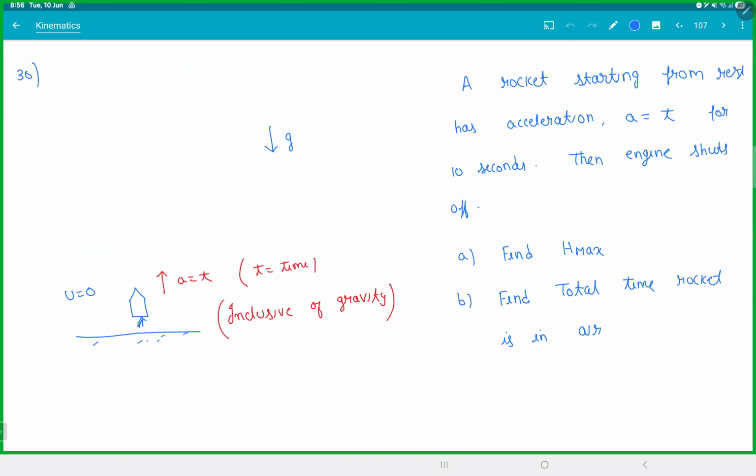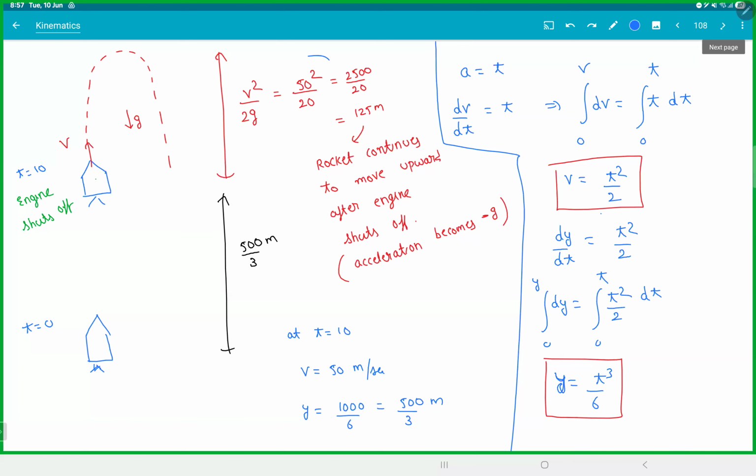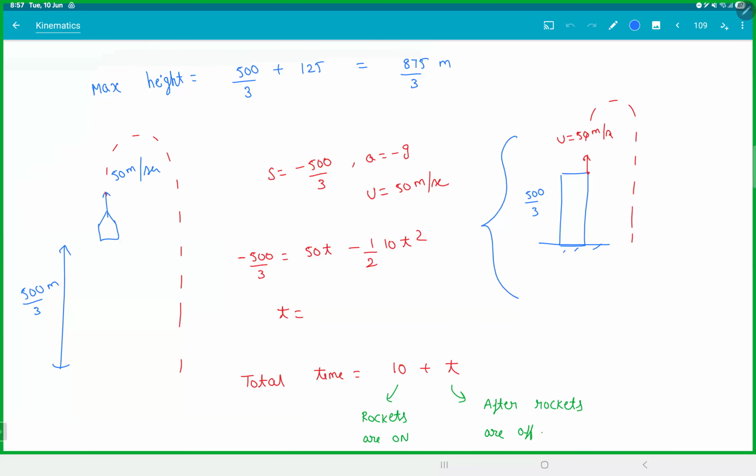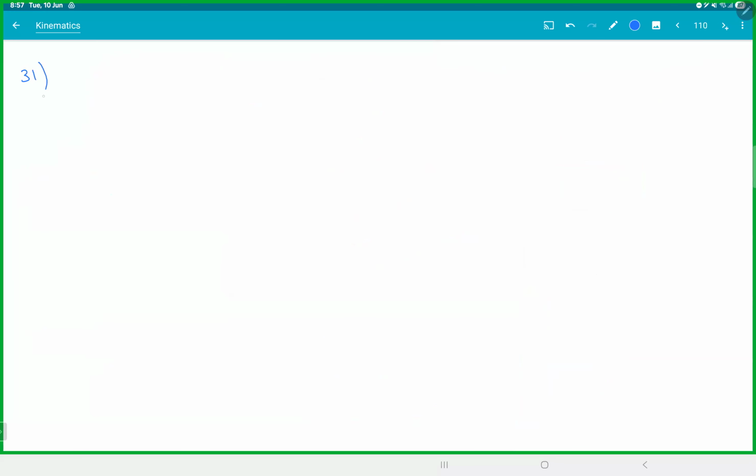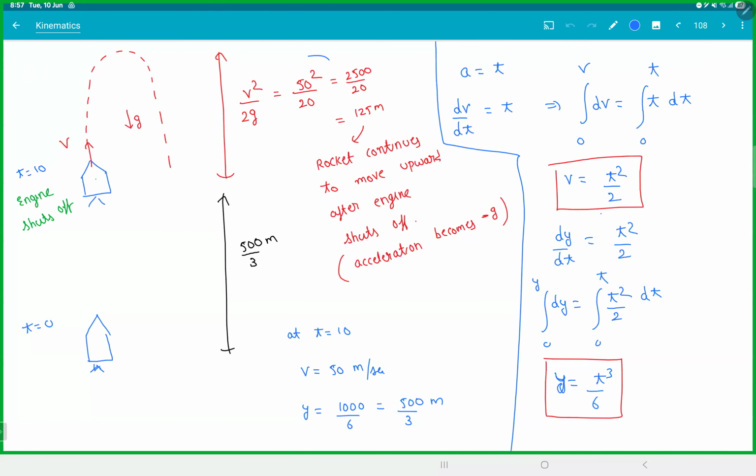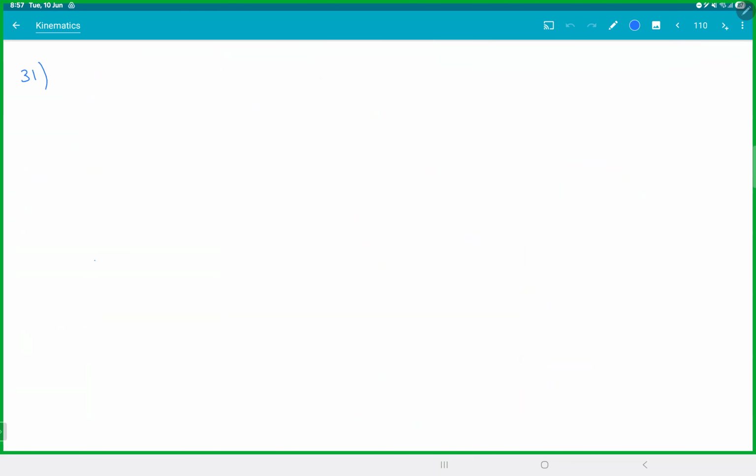Next one. It's a good, decent question. We have a particle here which is projected with speed u. u is equal to 20 meters per second. Now we have gravity and we also have air resistance. And this is a special case of air resistance.